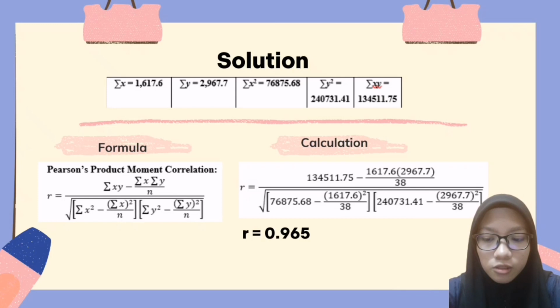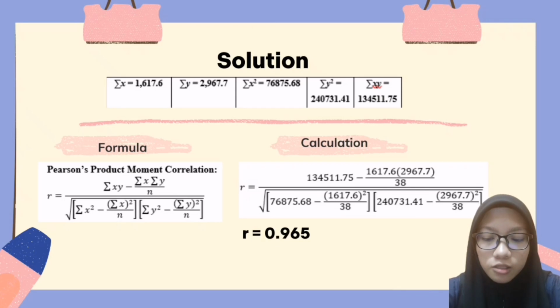So, the sum of the value of X is 1617.6, for Y is 2967.7, for X squared is 76875.68, for Y squared is 240731.41, and lastly the sum of the value for XY is 134511.75.